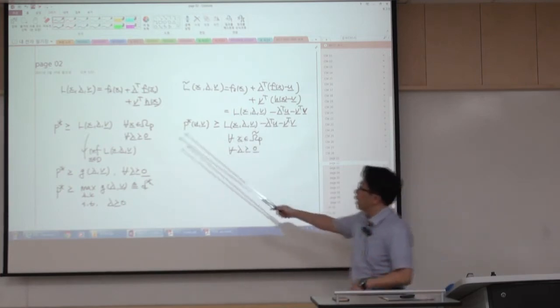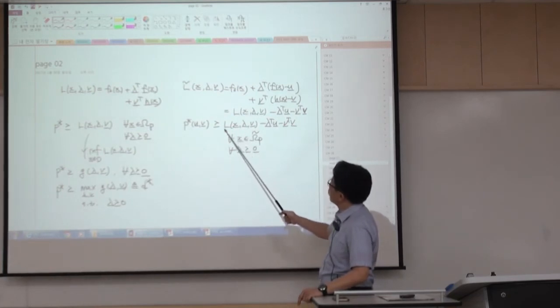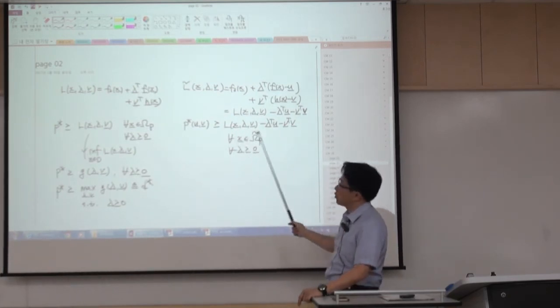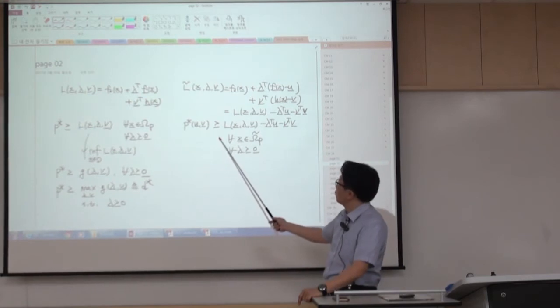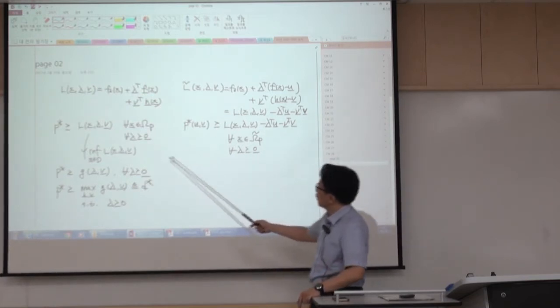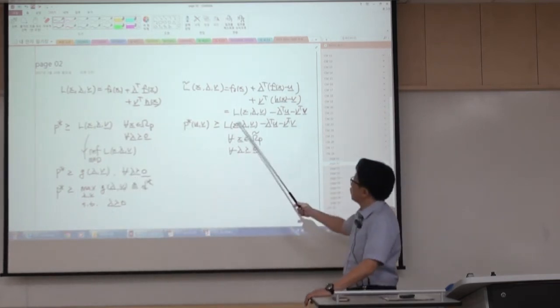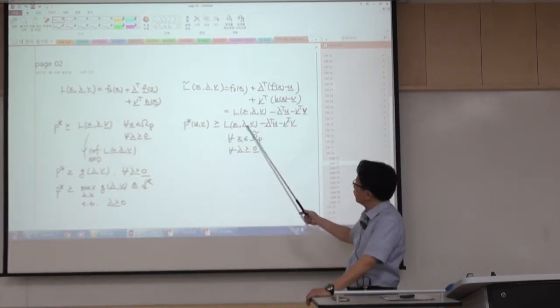Now, what about here? If you just copy, probably what you want to do is to optimize this entire function over x. Now, is it okay? See that here you infimize the Lagrangian over x. Here you infimize the Lagrangian over x.